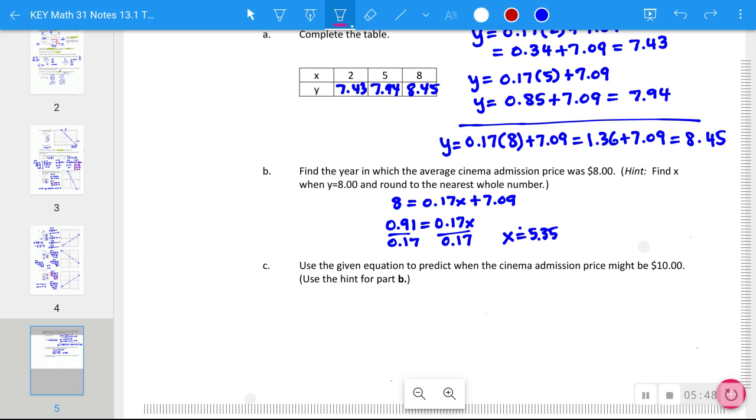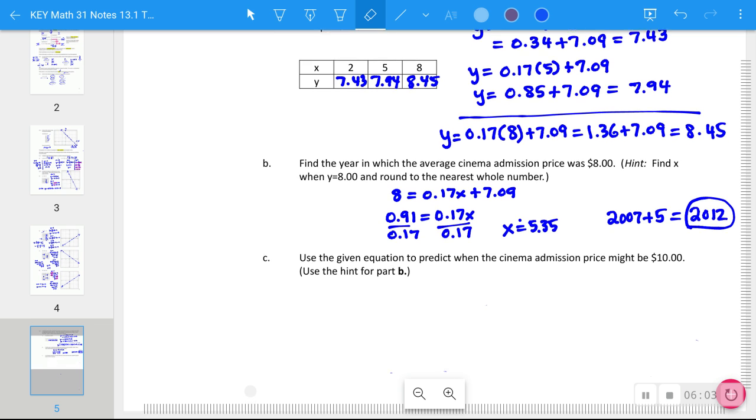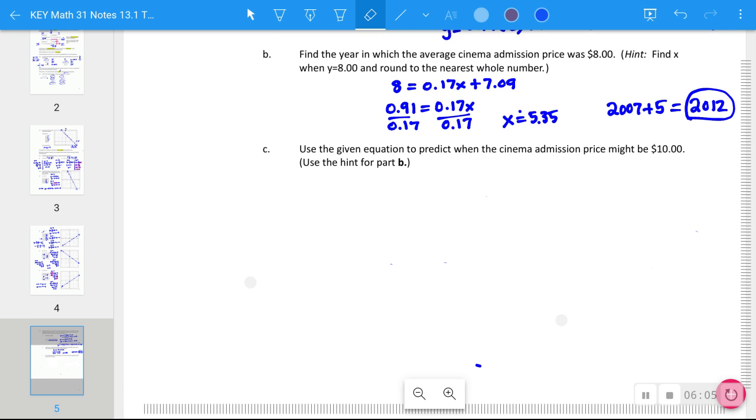Now that's not dollars. Those are years, so I have to interpret that as 2007 plus approximately 5, we round to the nearest whole number, is about 2012. So the average price we would guess from this formula would be $8 in 2012.